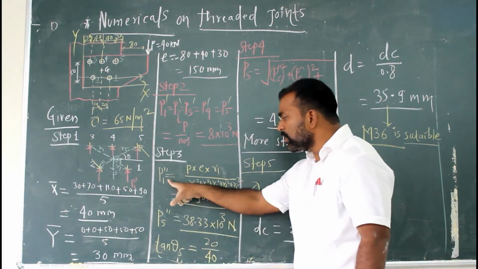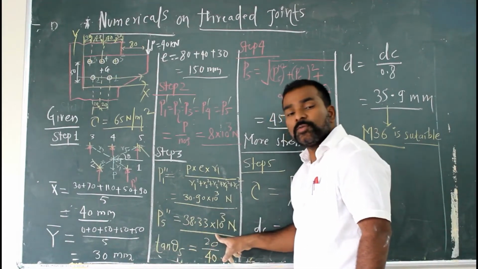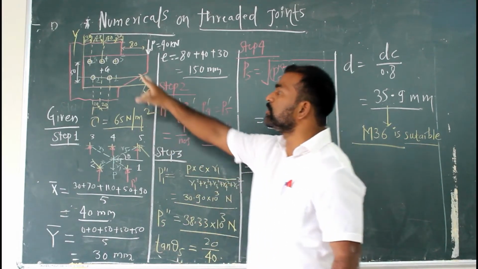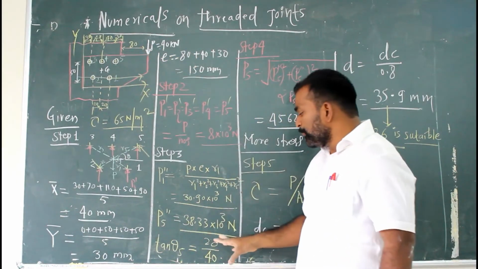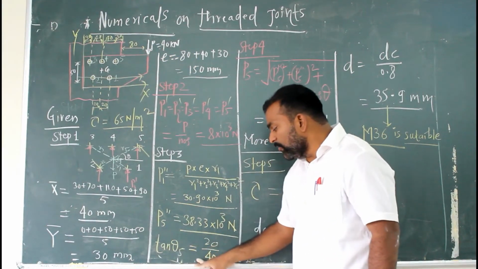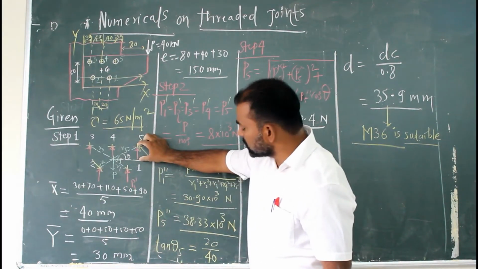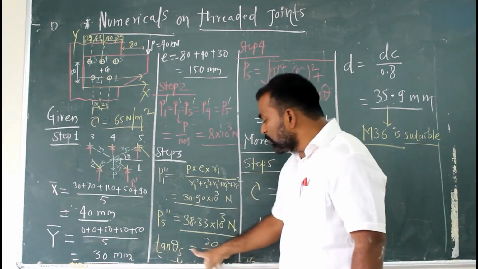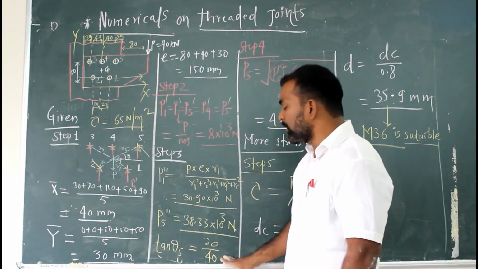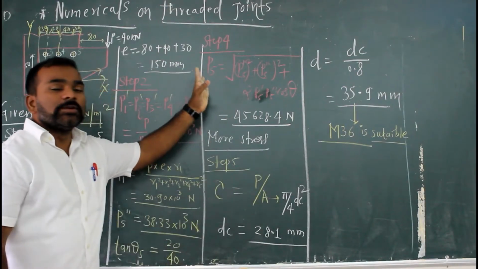You can see that P1 at this point is 30 point something, and P5 is 38 point something. So the maximum stress is coming on the bolt nearer to the load. Now tan theta. For the 5th bolt I can take this theta, this vertical distance 20, this horizontal distance 40. So tan of theta is 20 by 40, and I will get theta. This is required for the resultant. Now step number 4 is to calculate the resultant.